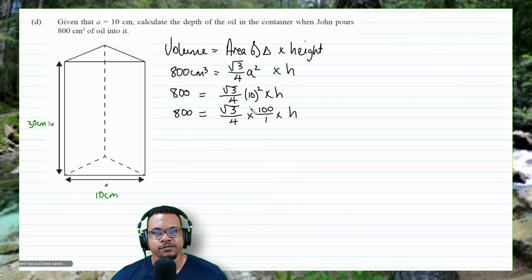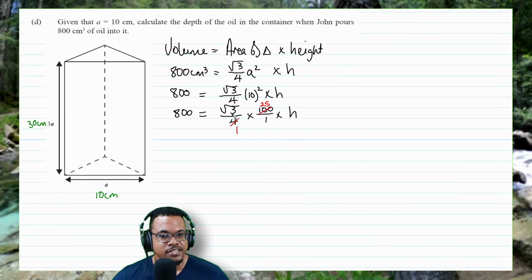So it's square root of 3 times 10 squared, that's square root of 3 times 100 over 1. I want to cancel this 4 with this 100. You know 4 could go into 100 25 times. So 4 into 4 is 1, 4 into 100 is 25. When I multiply across, I'll have 25 times the square root of 3, 1 times 1 is 1, and let's multiply that by h.